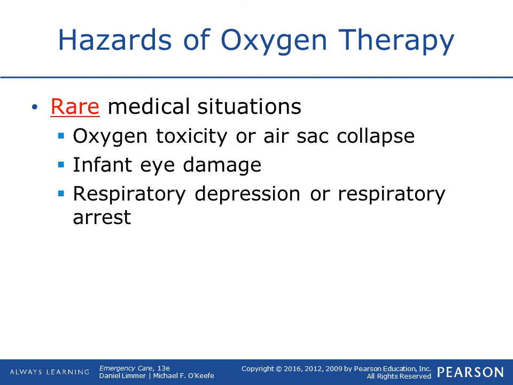Some hazards of oxygen delivery. These are more of the rare situations of that oxygen toxicity. It can happen, but what we're looking for is that oxygen saturation up to 99%. All the research shows that if you have oxygen saturations of 100%, you don't know if it's just right at 100%, exactly what the body needs, or if there's way too much oxygen in there.